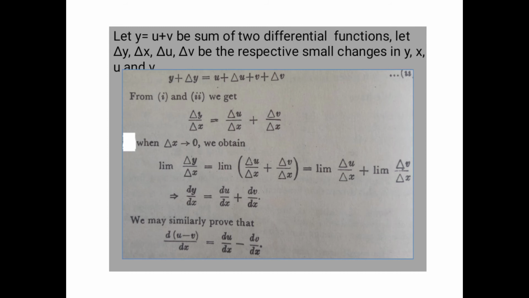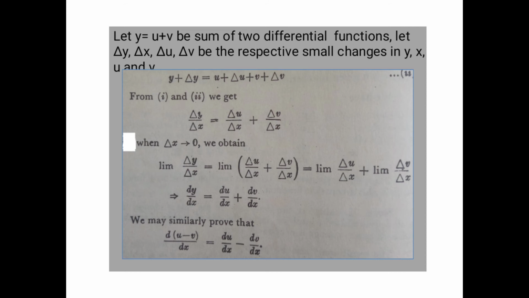Now divide the entire equation by delta x. So it becomes delta y by delta x is equal to delta u by delta x plus delta v by delta x.